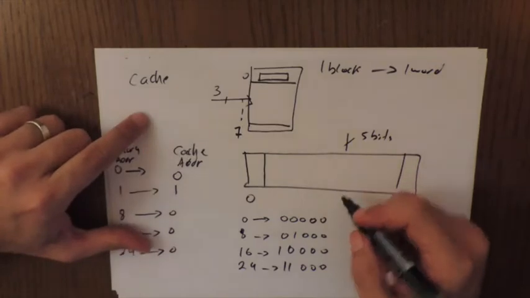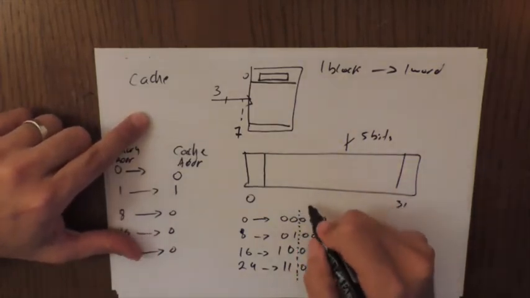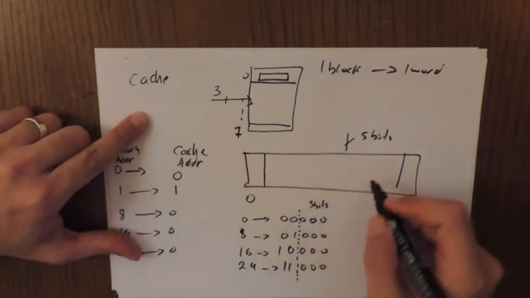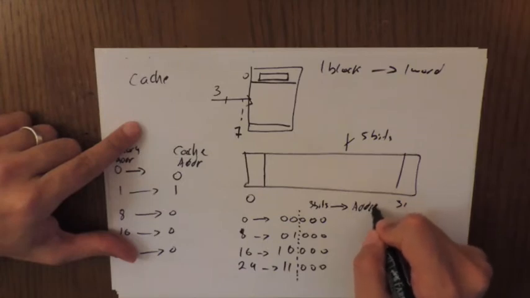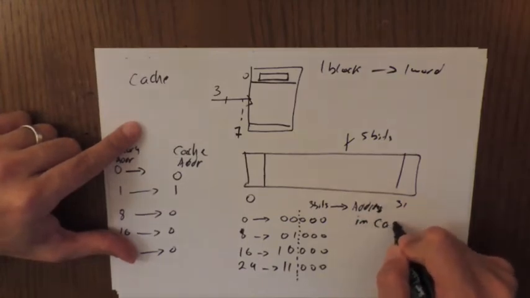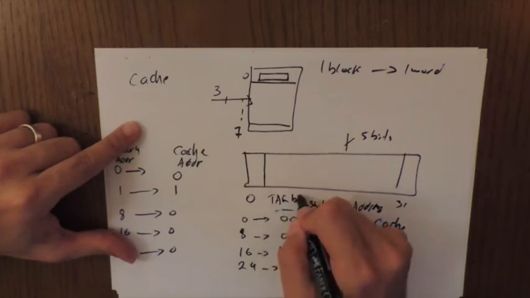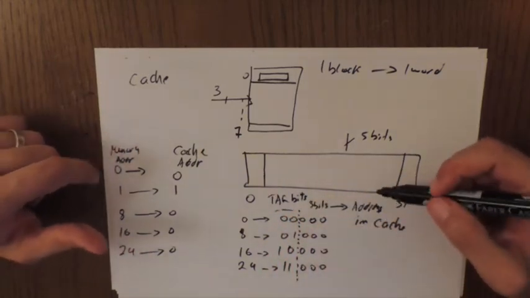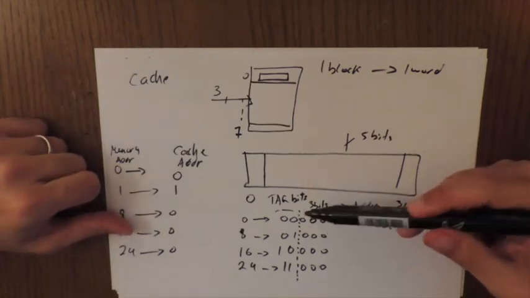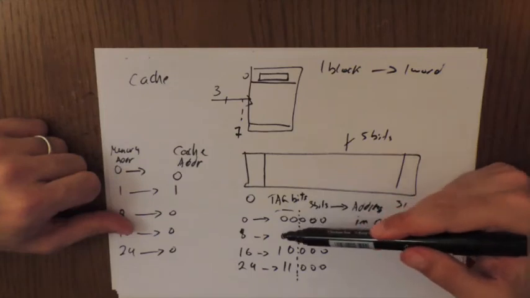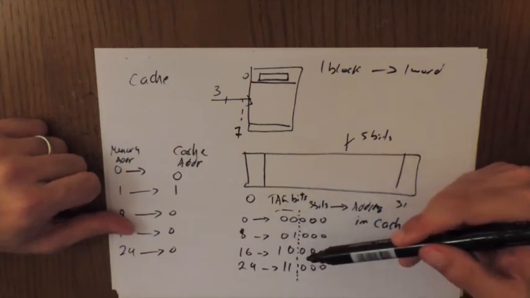I can notice that I can break the address into 3 bits, which is the address in cache, and these 2 bits which are called tag bits. The tag bits are special bits that differentiate between the addresses of each block. So block 0 has tag bits 0, block 8 has 0, 1, block 16 has 1, 0 as tag bits.